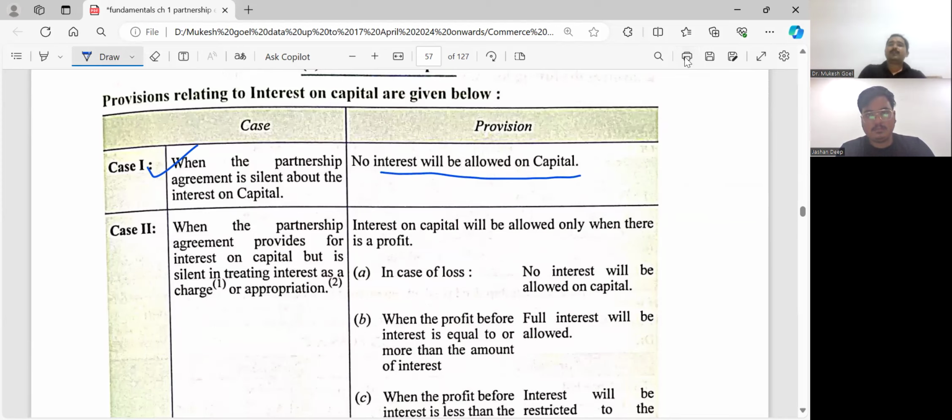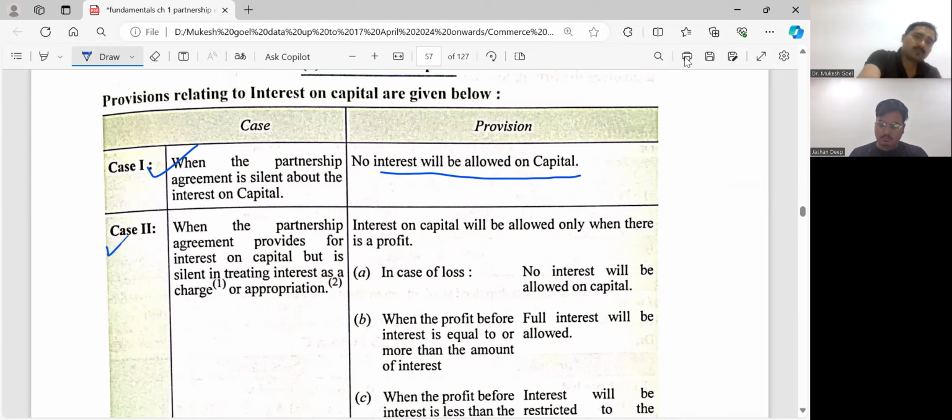No interest will be allowed on capital. Meaning to say, if in the question it is not given what the percentage of interest on capital is, then we will not give the interest.